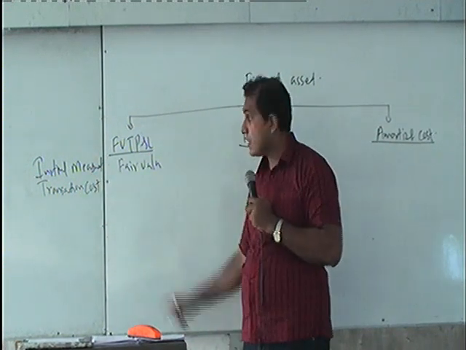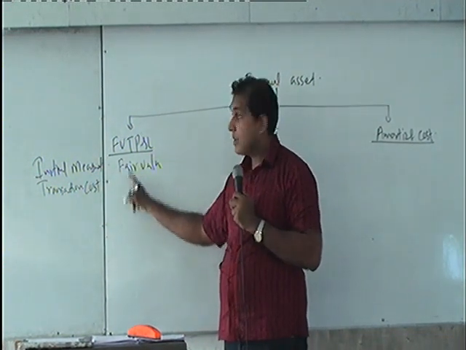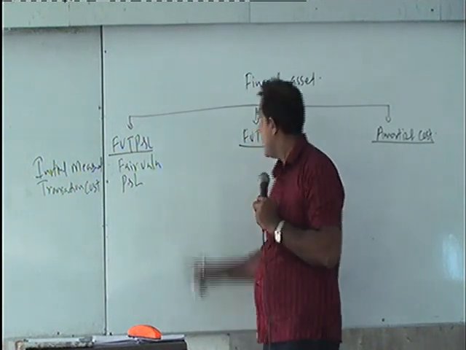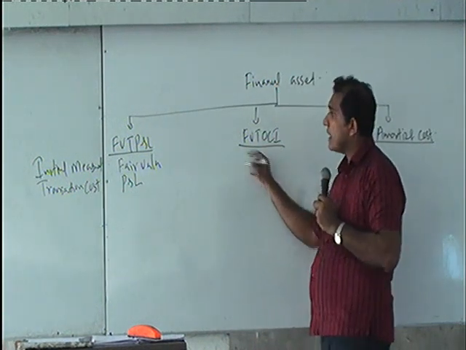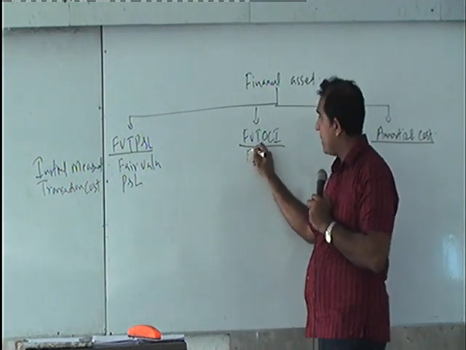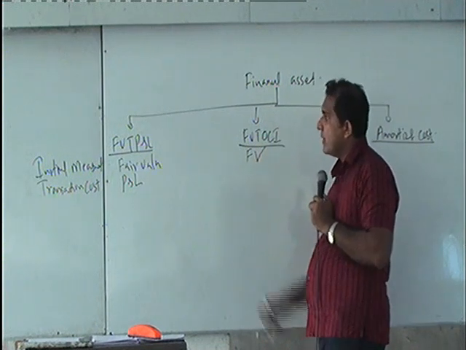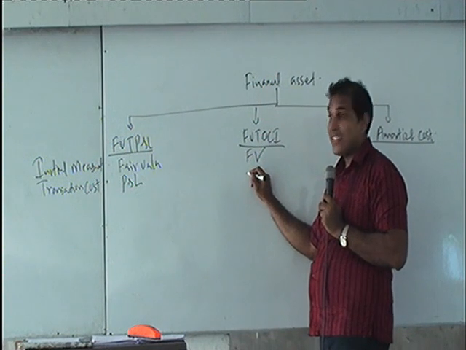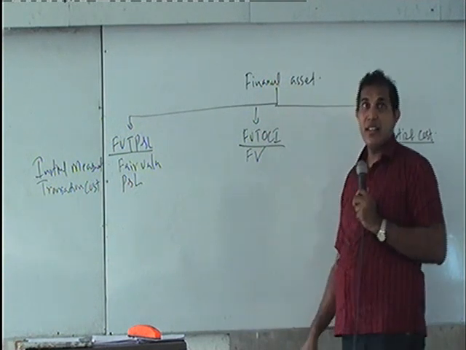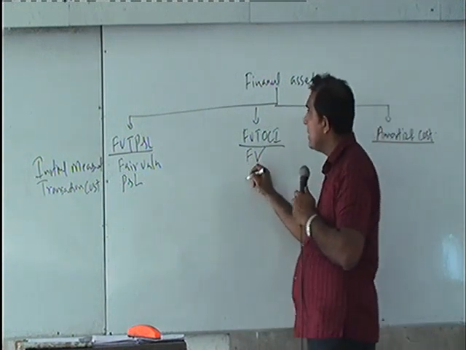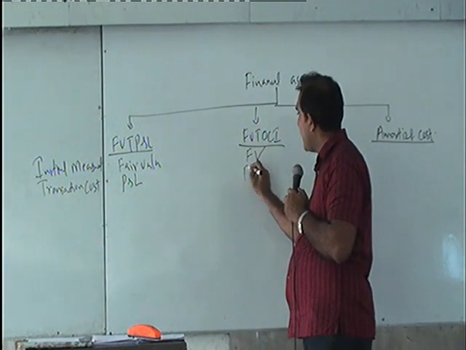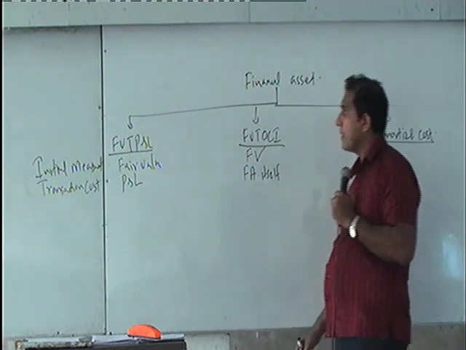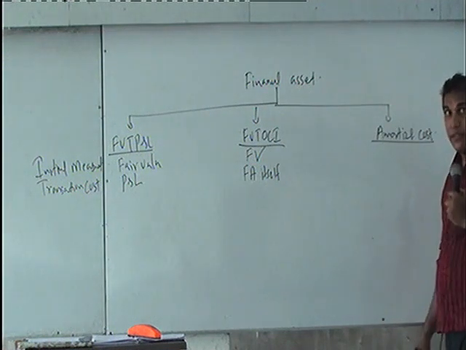Transaction cost: if we are using fair value through P&L, we should charge it to P&L. Fair value through OCI, initial measurement should be at fair value. Transaction cost: no, the asset itself, the investment, the financial asset itself.